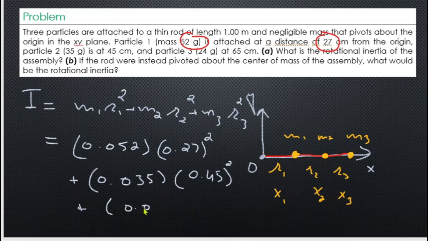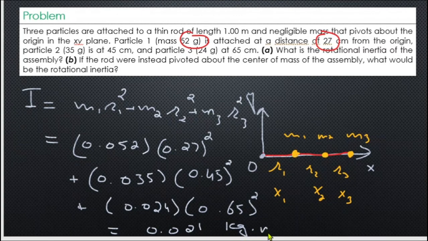So in kilogram, that would be equal to 0.024 kilogram, and when multiplied by its r, that would be equal to 0.65 meters. The final answer of the rotational inertia of that assembly around that point would be 0.021 kilogram into meter square.